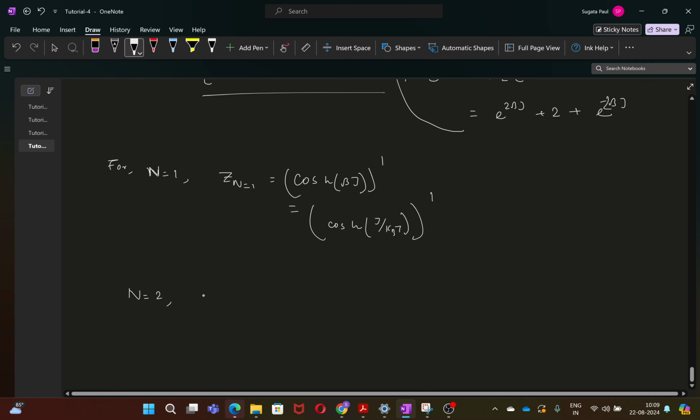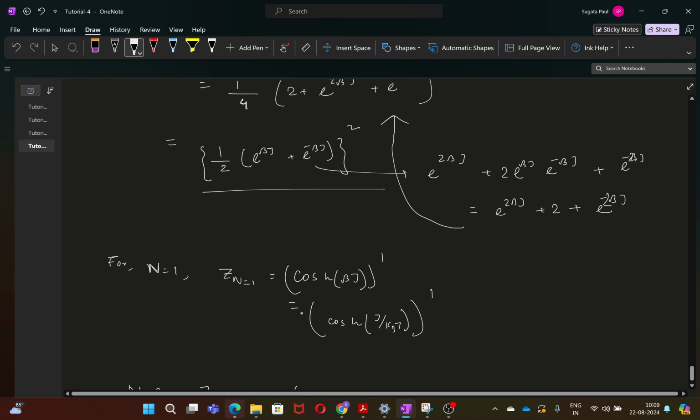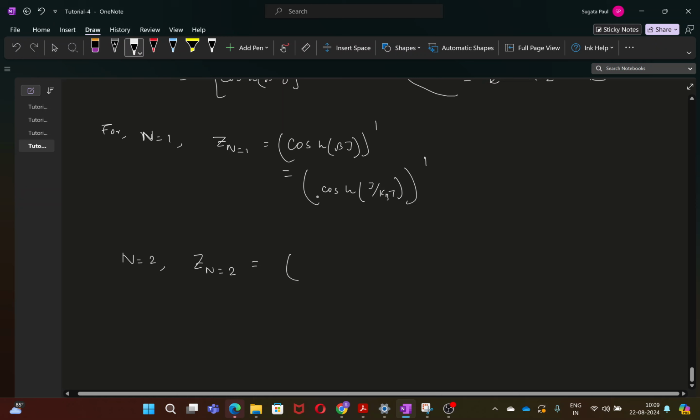And for n equal to 2, we have just calculated the partition function value. We know that cos hyperbolic beta j is e to the power of beta j plus e to the power of minus beta j by 2. So you get the whole square of cos hyperbolic beta j. That means the partition function z for n equal to 2 is cos hyperbolic j by kbt, whole square. The power is 2.